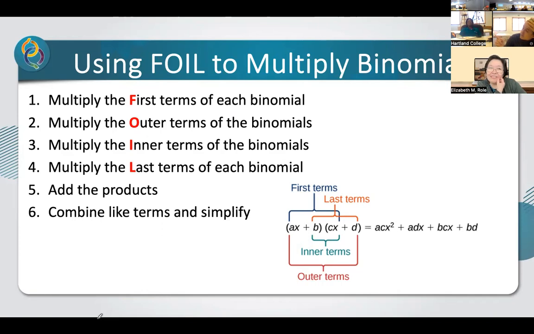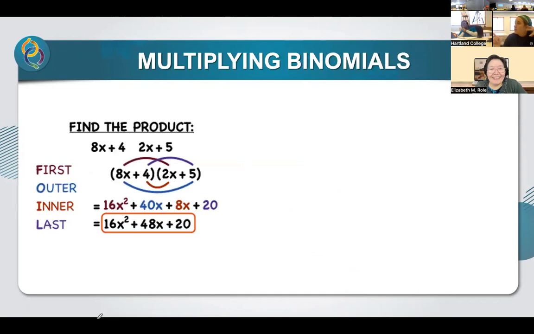So first, outer, then inner, and then last. So the first is when I have 8x plus 4 times 2x plus 5. So you'll first have 8x times 2x. That's the first. That will be 16x squared.